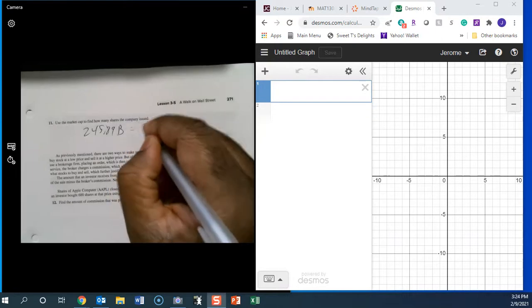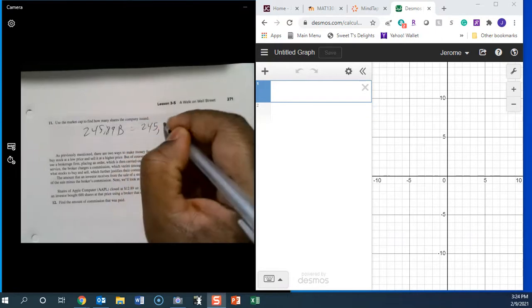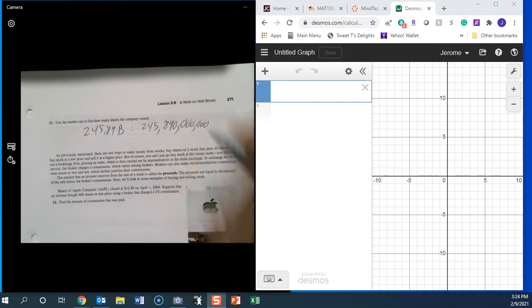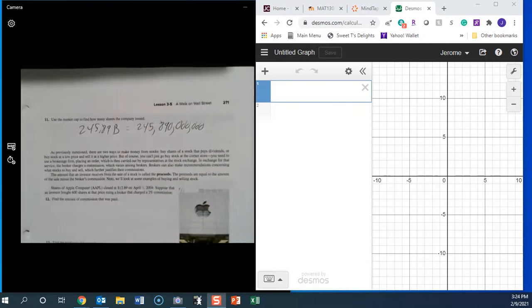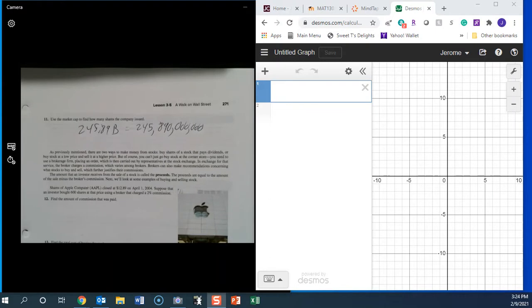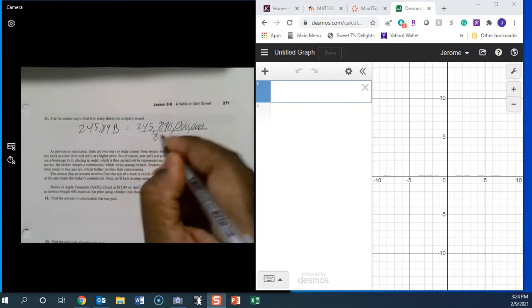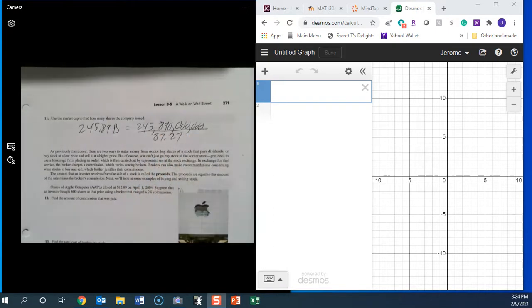So let's write this out in billions. So this is 245.89 billion written out. Now we're going to divide it by the current stock price, which is $87.27.